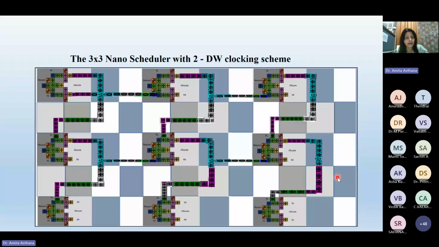So if I divide the circuit into these clock zones as shown in the figure, all the cells coming here can be clocked by one clock zone. The cells in this zone can be clocked by a different clock zone, and all the cells coming in this gray area can be clocked by a single clock zone.